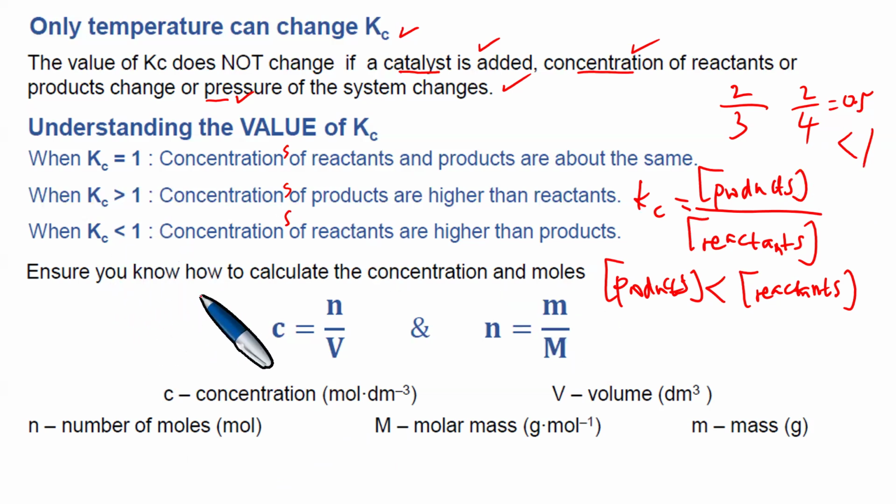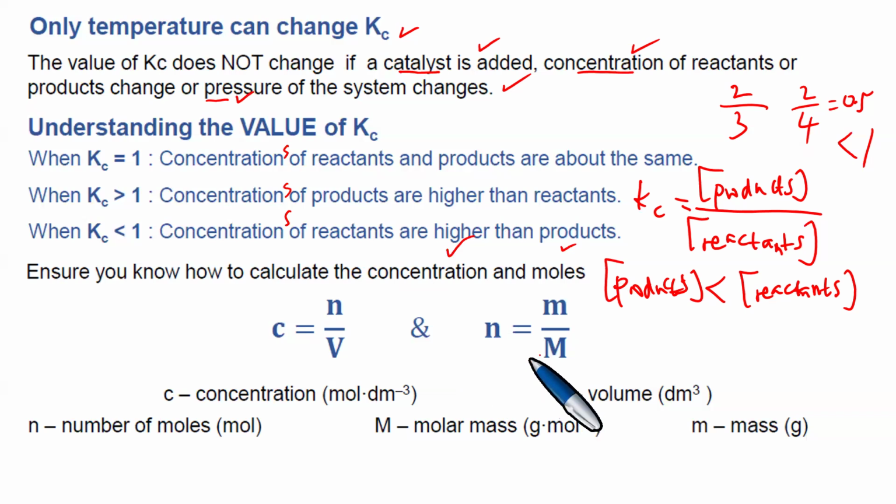Ensure you know how to calculate the concentration and the moles. These ones we need to remember. Concentration is number of moles over volume, and concentration is measured in moles per decimeter cubed. How do we find the moles?